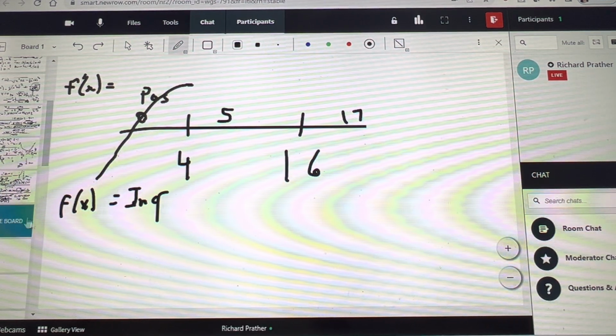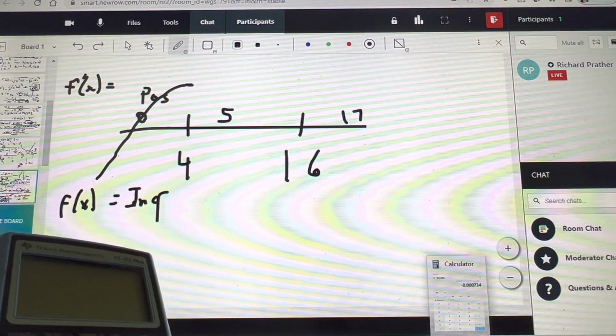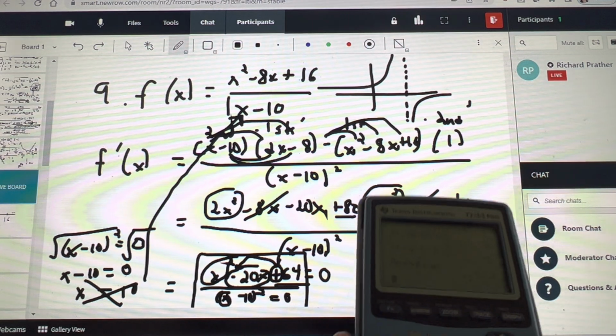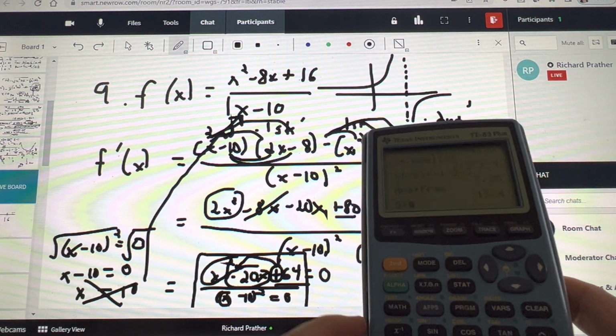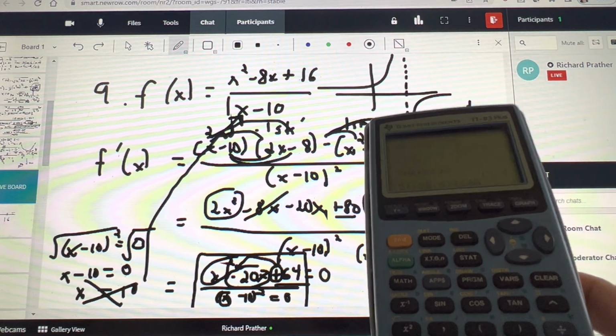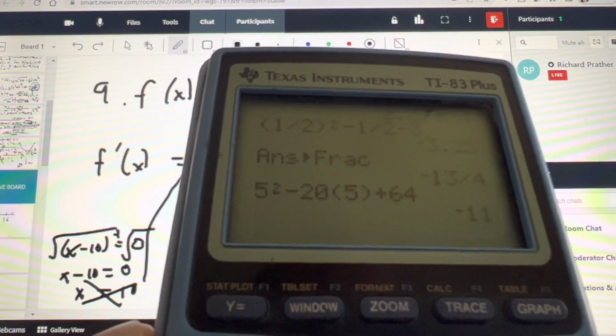So now we got to plug 5 in, and this could be a little more challenging if you don't have a graphing calculator. But plug in 5 into this. The top would be 5 squared minus 20 times 5 plus 64. All I care is it positive or negative. The top is negative.